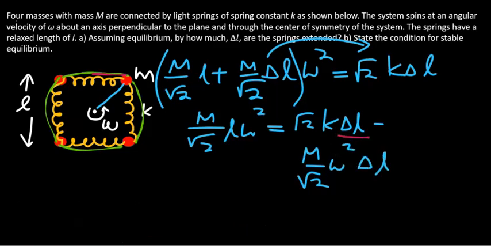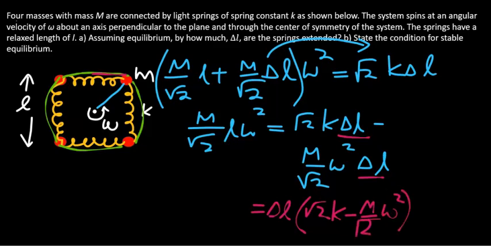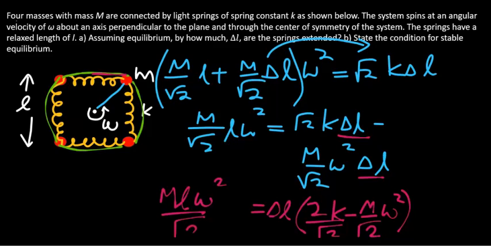So let's factorize the delta L out. You have delta L times (square root 2 k minus m over square root 2 omega squared). Let's make the denominator equal. So this will become 2 over square root 2. The left hand side is m L omega squared over square root 2.